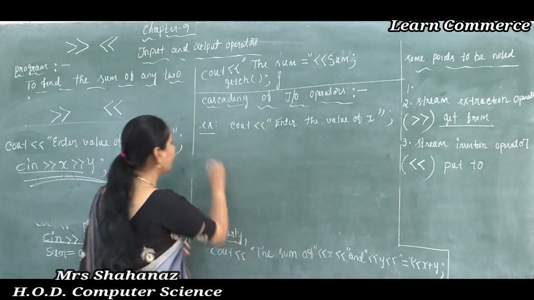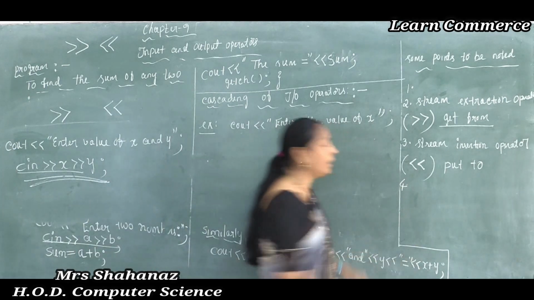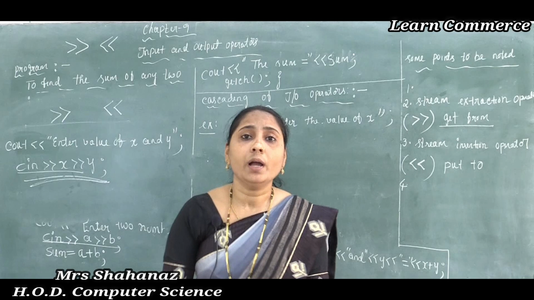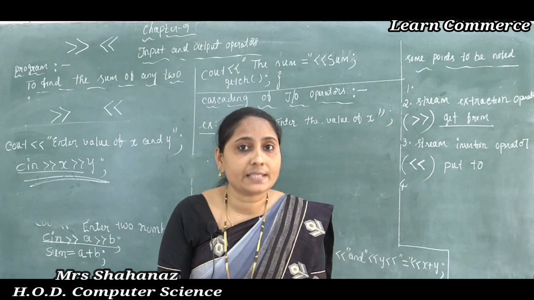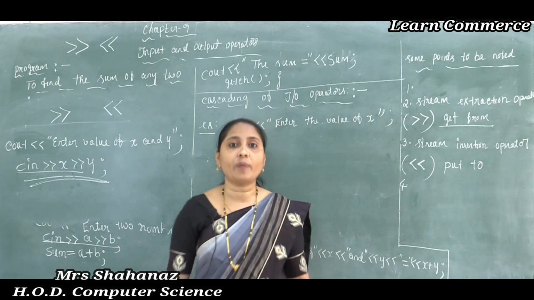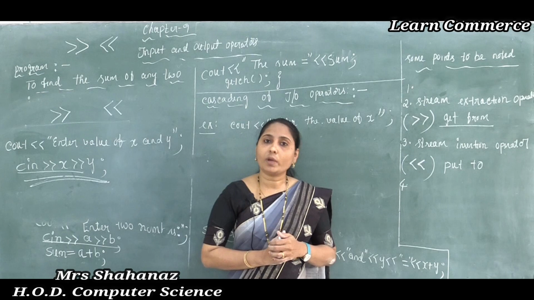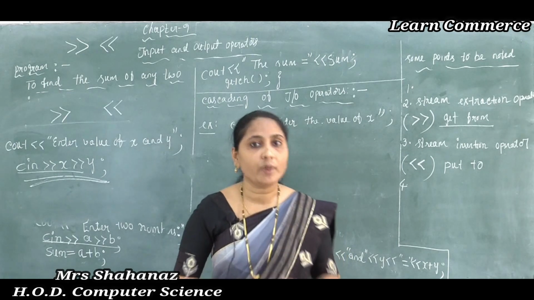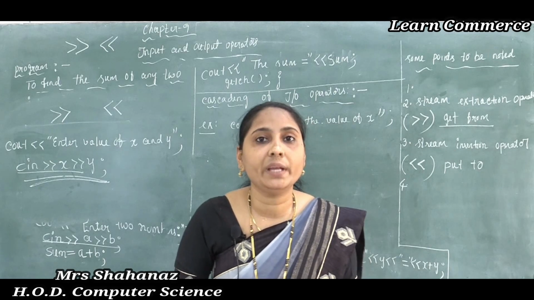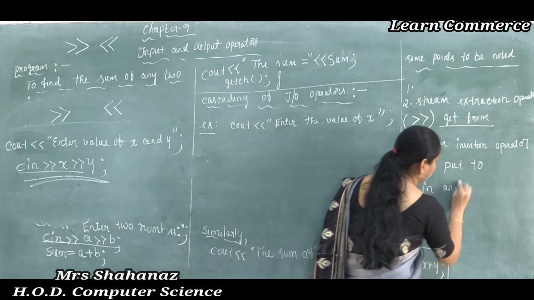And after that, the fourth point is about cin and cout. Cin and cout are predefined words, or we can say they are keywords. A keyword is a predefined word that gives special meaning to the compiler.